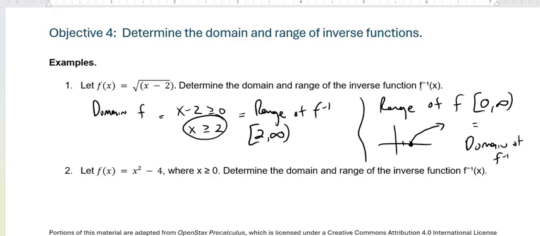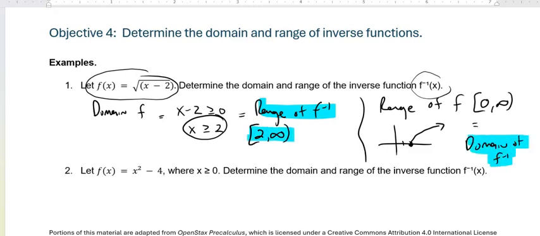All right, so think about it. We don't even know what f inverse is, we didn't even bother to find it. We said, okay, I know what the range of f inverse is if I look at the domain of f. I know what the domain of f inverse is if I just look at the range of f.